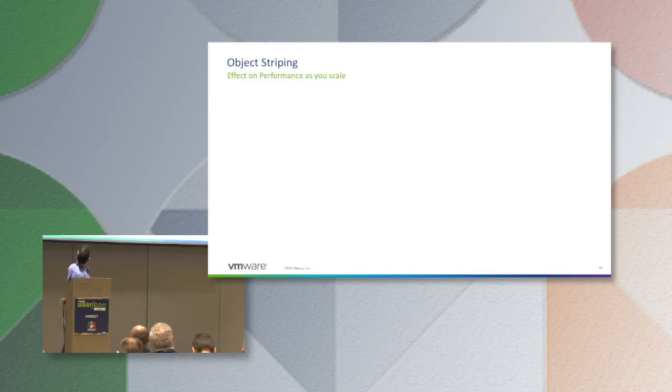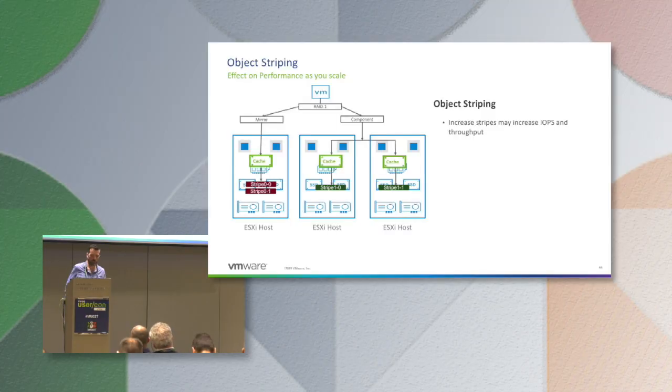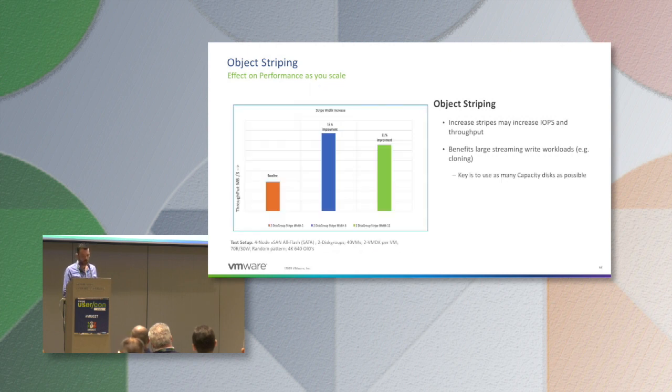You can see the same when we look at object striping. I gave you a quick overview of what object striping was. What I wanted to understand was which type of workloads benefit from it, so again, cloning, large ingestion of data, etc. I started with my baseline of two disk groups, based on the previous recommendation.